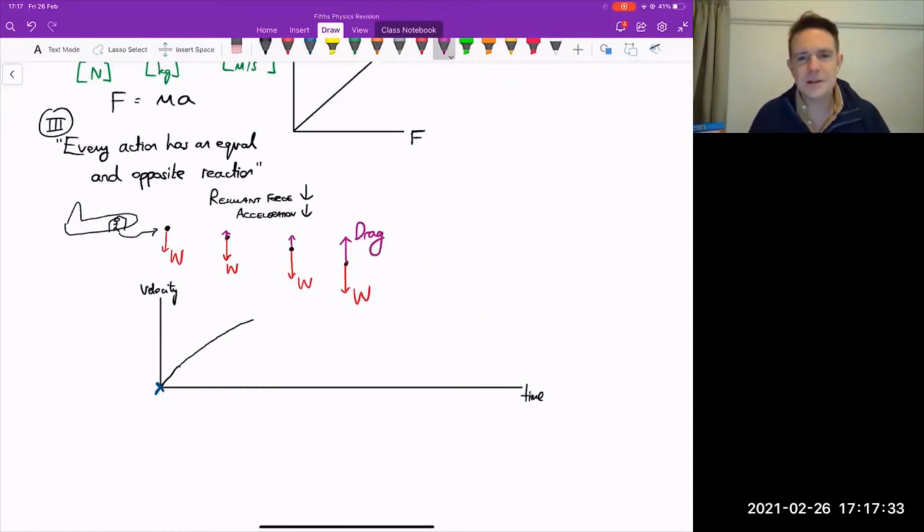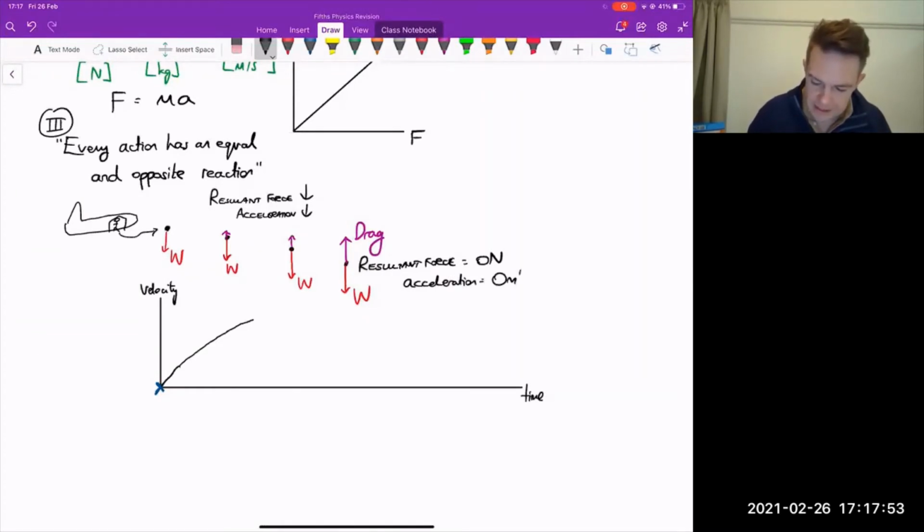Now, that's a special position because at this point, the resultant is 0, because the force downwards is equal in size to the force upwards, which means the acceleration also at that moment has to become 0 meters per second squared, because remember F equals ma, whatever the mass of the parachutist. If the force acting on him is 0, the acceleration will be 0.